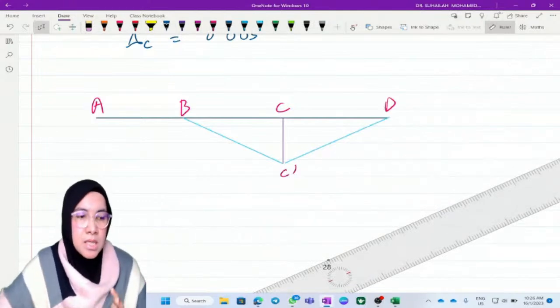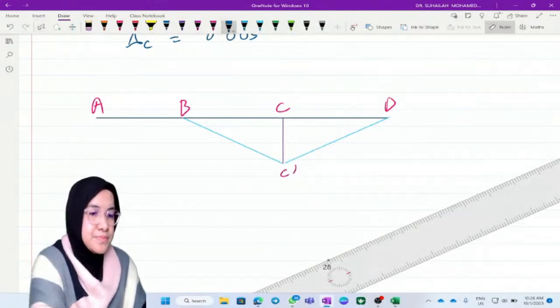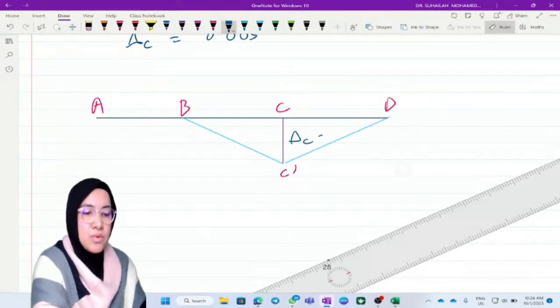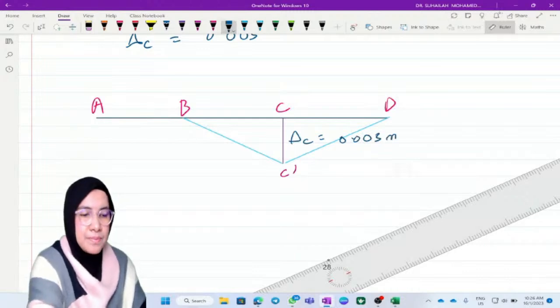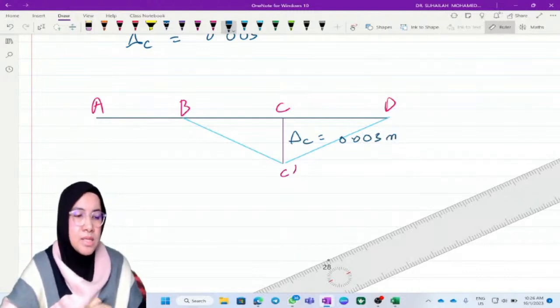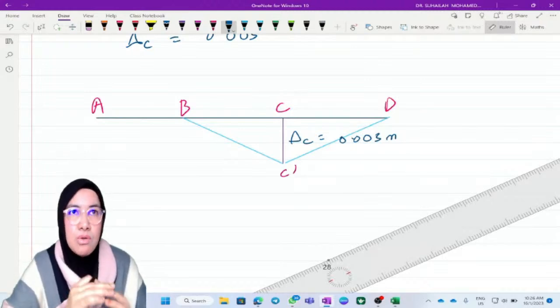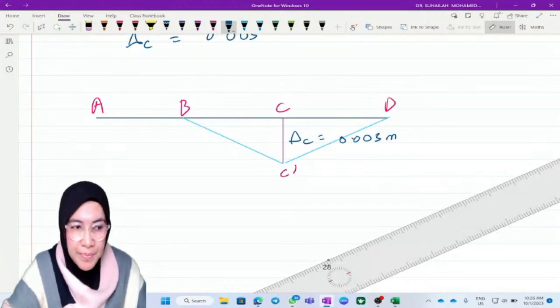This is the delta at C, and this is equivalent to 0.003 meter.